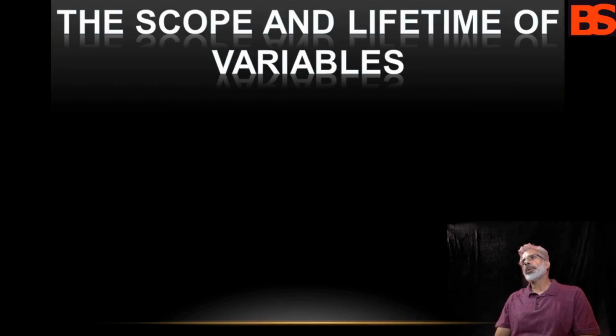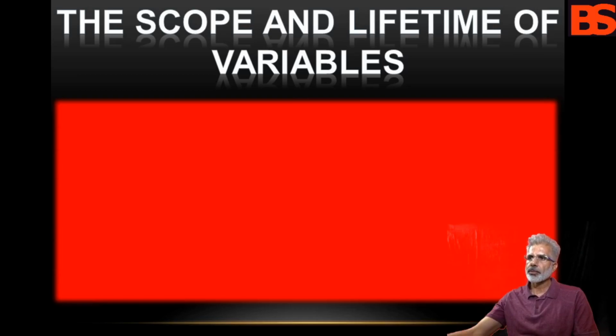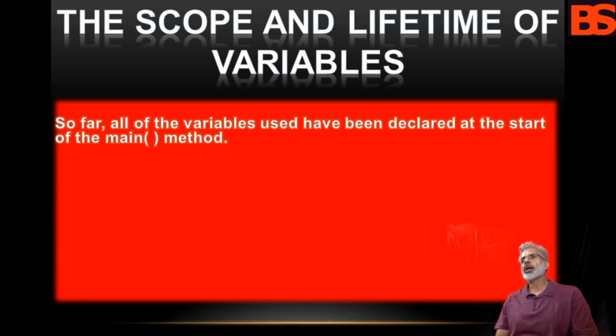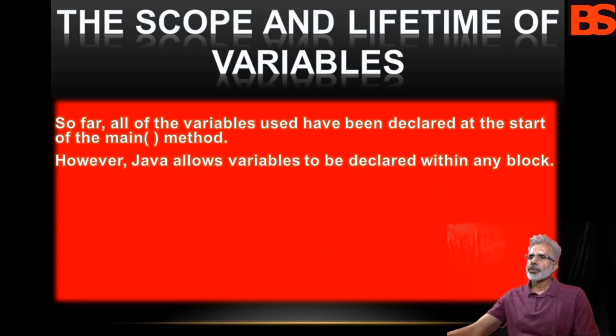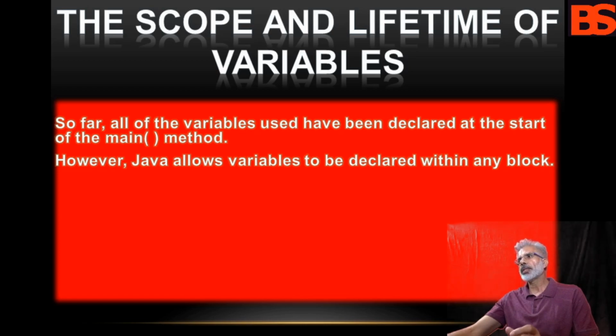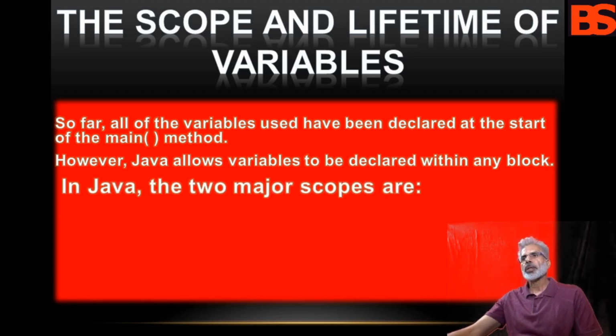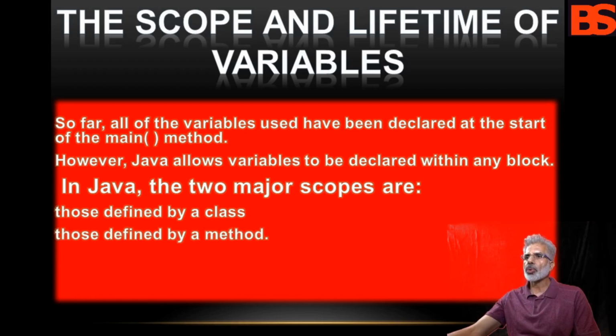The scope and lifetime of a variable. So far all of the variables used have been declared at the start of the main method. However, Java allows variables to be declared within any block. In Java, the two major scopes are those defined by a class and those defined by a method.